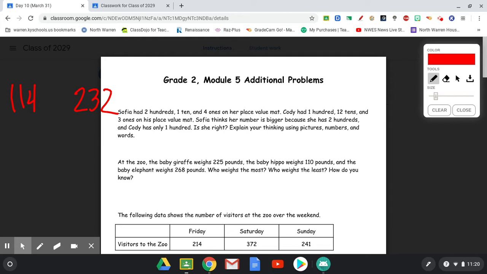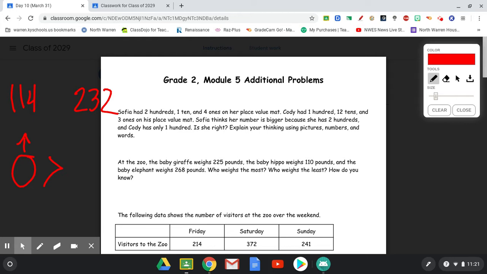We read left to right, and so if the number on this side is greater, the symbol is going to look like this, okay?